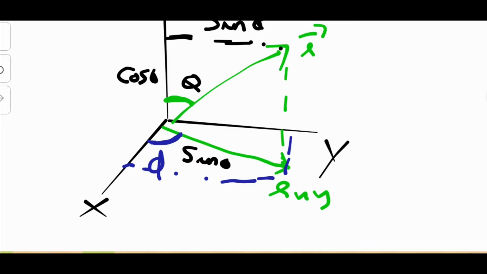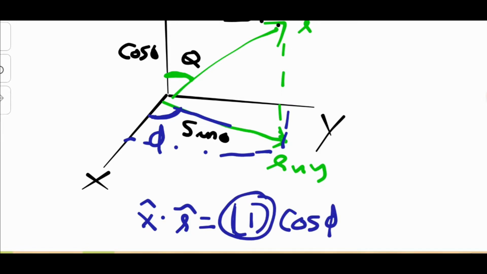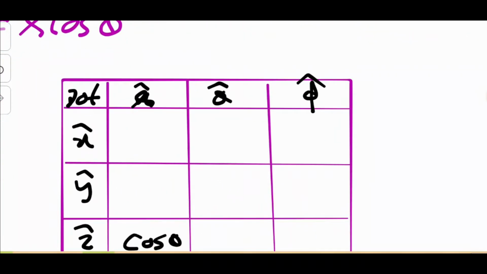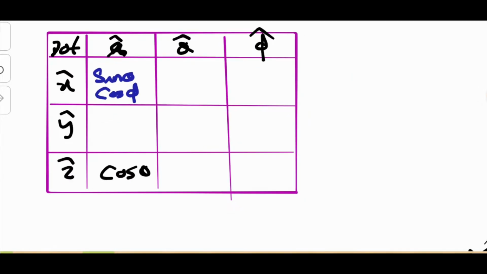Now we can compute x dot r. x dot r must be equal to the magnitude times the cos of phi times the sine component, sine theta. So we can write down that r dot x must be equal to sine theta times cos phi, just like that. Now let's look at the y component.